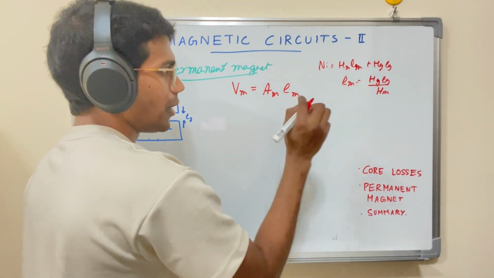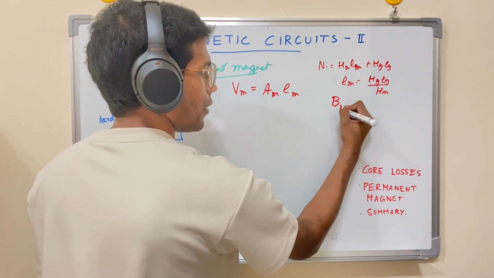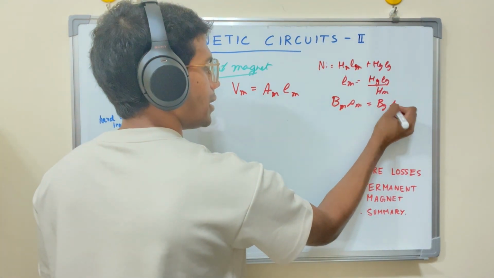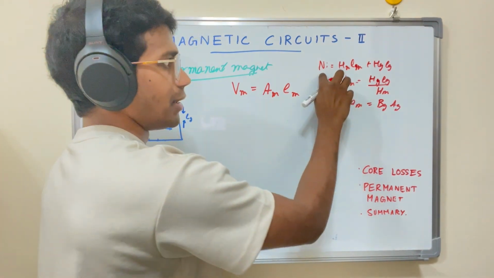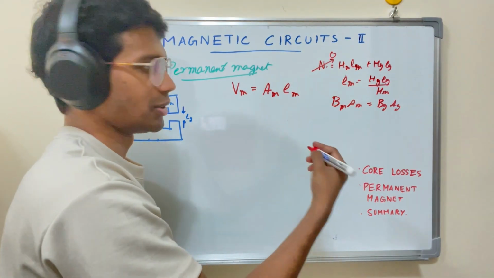And for finding AM, we have the continuity of flux formula. So we have PM AM equals BG AG. Oh yes, and in this case, Ni is equal to 0. That's why we've got this equation, if it wasn't obvious.